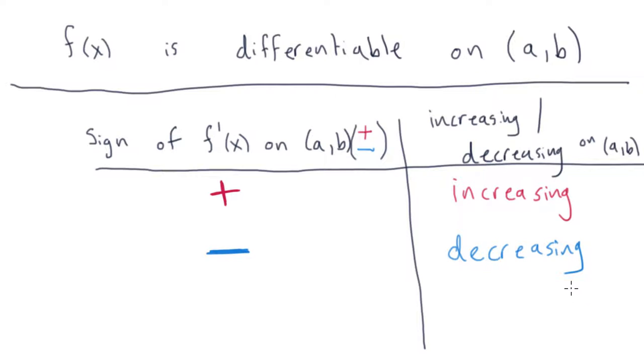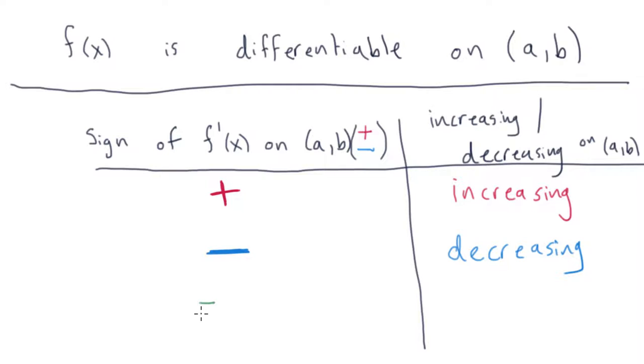So this probably isn't too surprising, right? Because the derivative is telling you the rate of change, or in other words, the slope of the function at each point. So if the slope of a function is always positive, then it should be increasing. And same if the slope is always negative, it should be decreasing. And there's also another option, right?